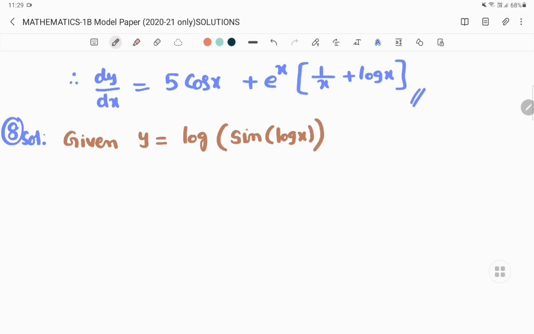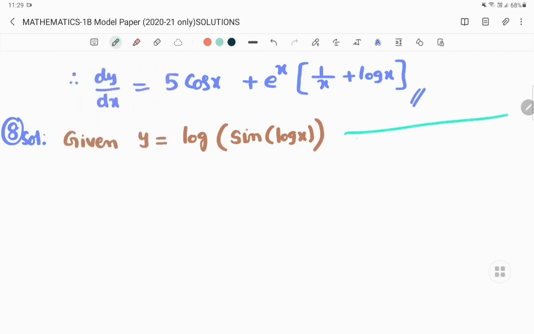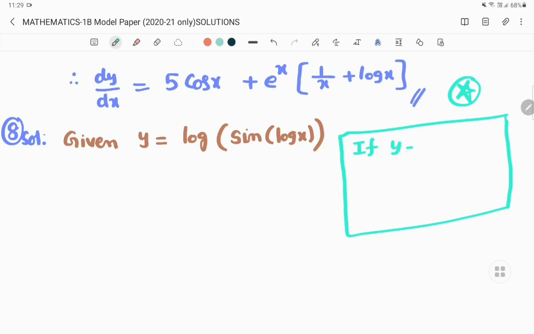Whenever the function is in this form, whatever I am putting in the boxes will help in the tricks of differentiation. If y is equal to log of f of x, then the derivative dy by dx becomes 1 by f of x, and again we have to differentiate f of x.